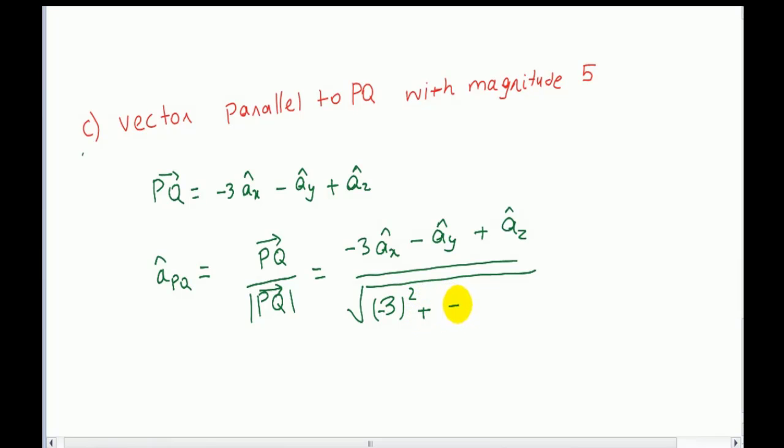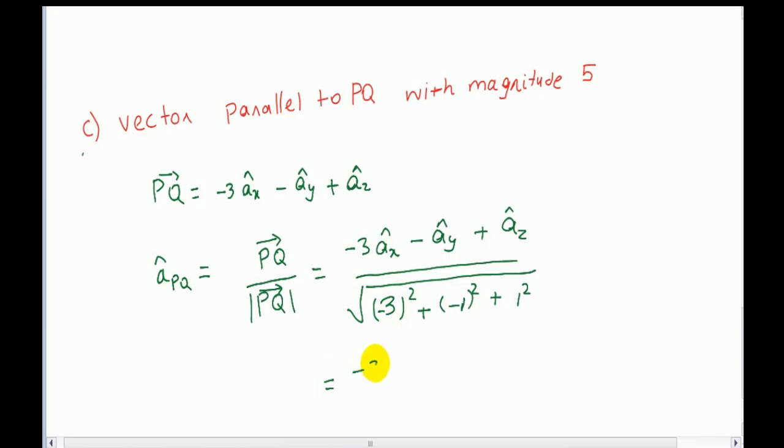Here it will be -1 square plus 1 square. So 3 square is 9, 9 plus 1 is 10, 10 plus 1 is 11. So under root of 11.